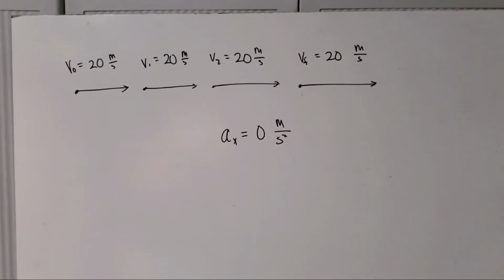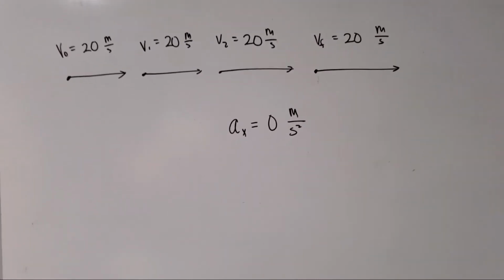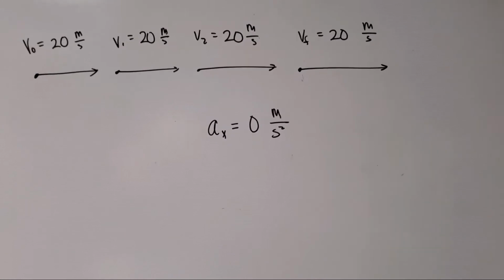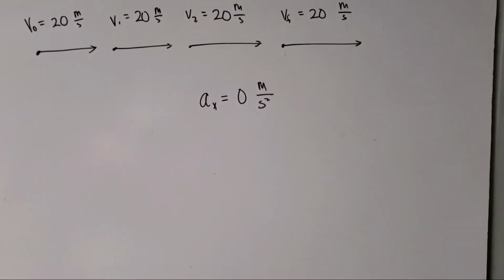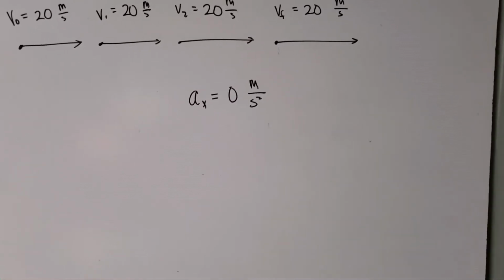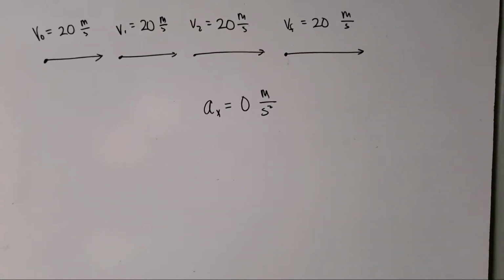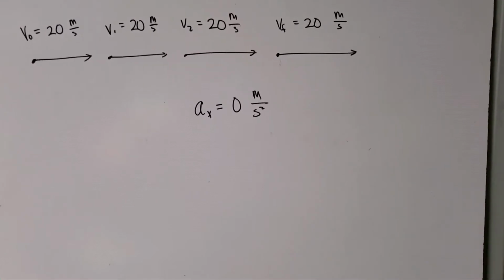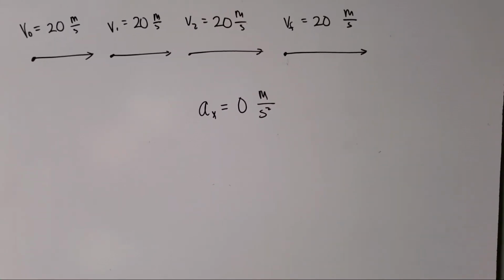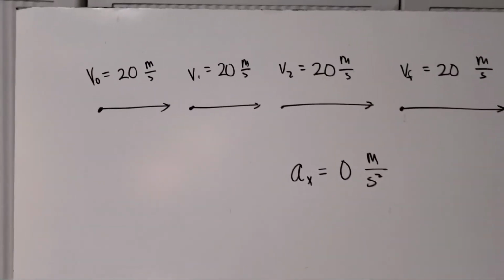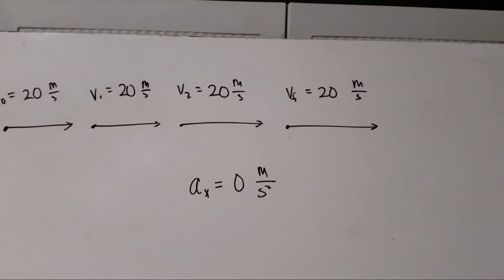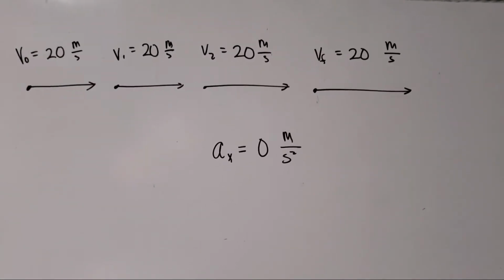As you can see at the bottom here, I've written a sub x, and that equals 0 meters per second squared. That means that the acceleration in the x direction, or the horizontal direction, is going to be 0. That doesn't mean the particle isn't moving, however. Since the velocity is noted up here as 20 meters per second all the way through, that just means the velocity is staying the same.